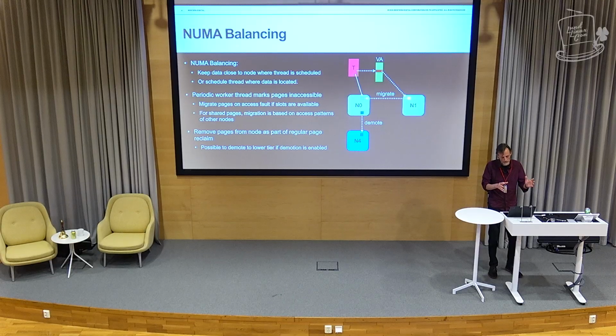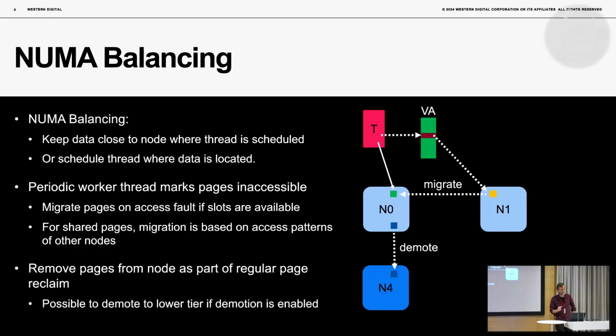You can either move the data or move the thread so that they're co-located. The way that works today, if you use NUMA balancing, is that you periodically mark some of the pages inaccessible. You get a page fault. You look at whether you're on the same node as the page, and then you can migrate either the thread or the data.